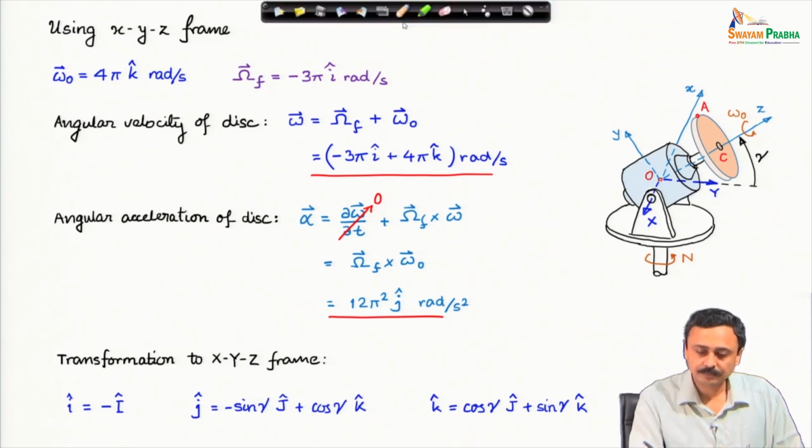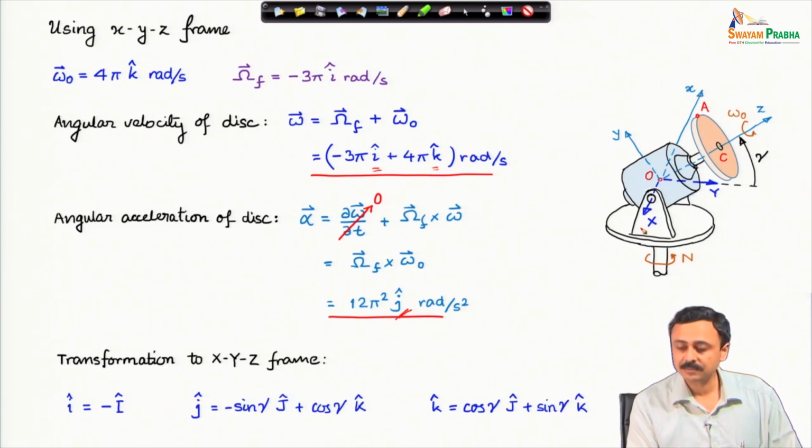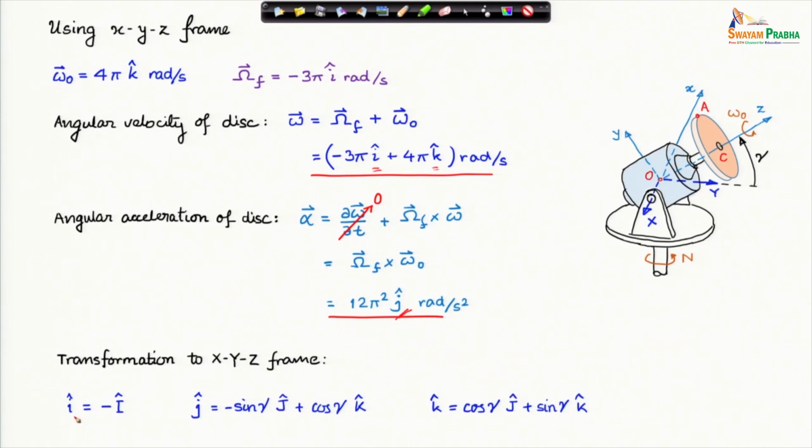For example, here I have i cap, here I have k cap, here I have j cap. If I can express these unit vectors in terms of the unit vectors along capital X, which is capital I cap, along capital Y, which is capital J cap, and capital K cap, I can easily express them.